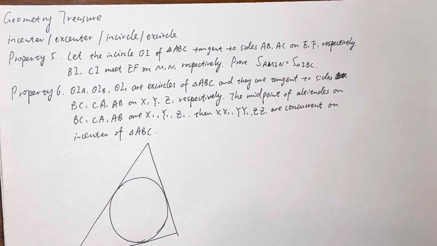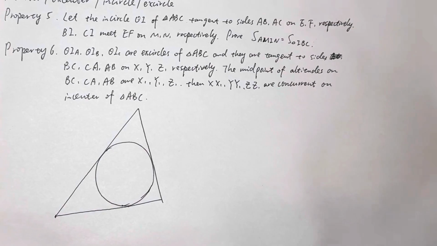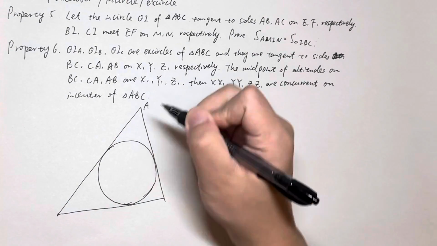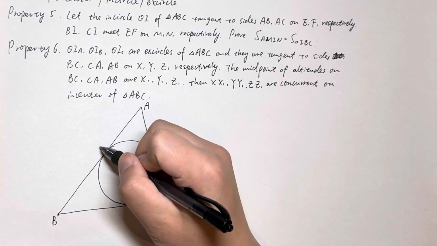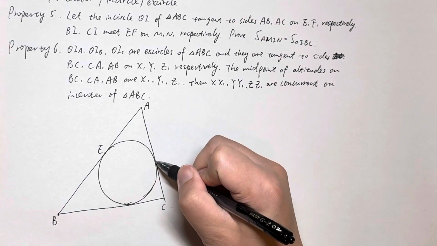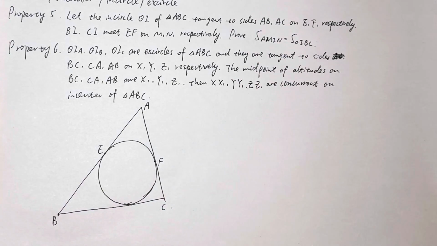So this is our triangle ABC here, and the tangent points are E and F, right?